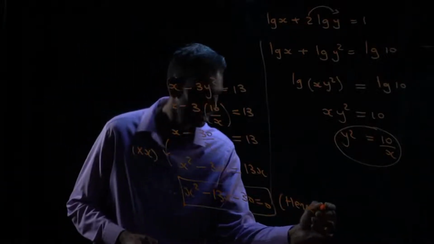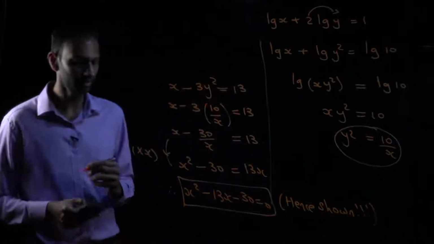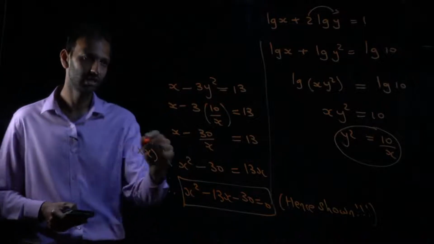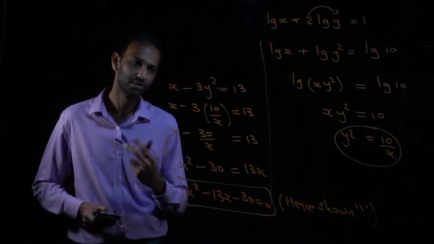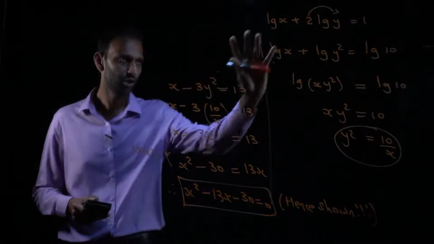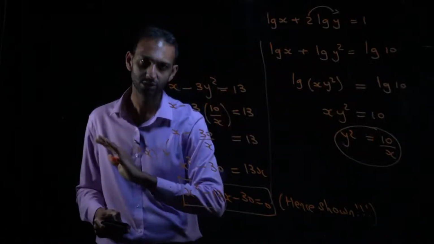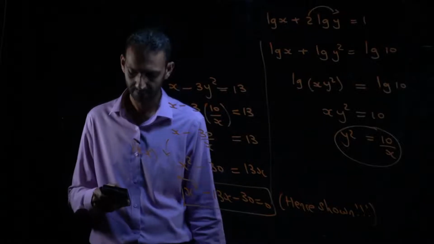I like to write hence shown when I prove something. So x squared minus 13x minus 30 is equal to 0 is what you have been asked to prove or show. Simple steps: laws of logarithm, subject of formula, substitution, and the work is done. This is pretty straightforward for 2 marks.